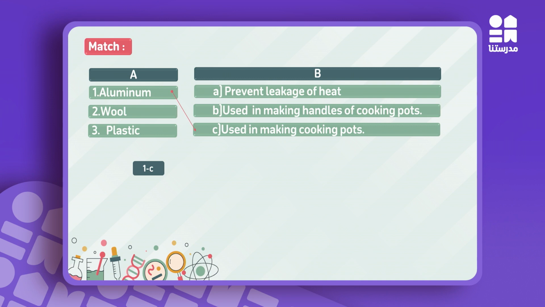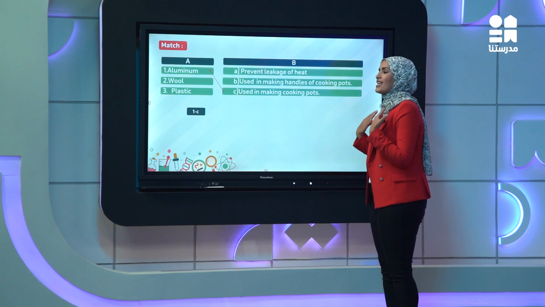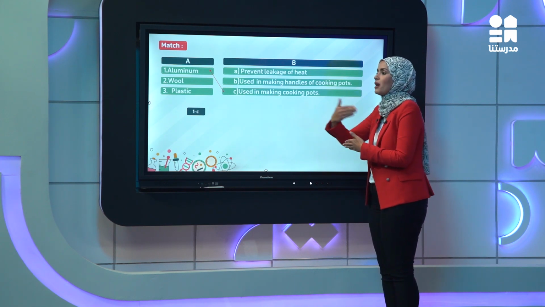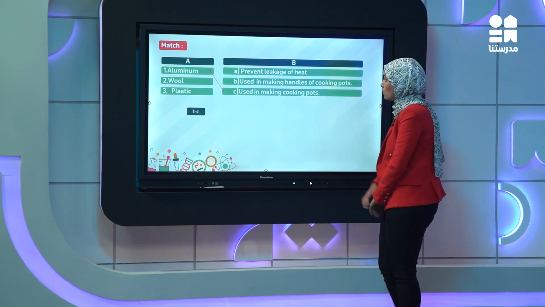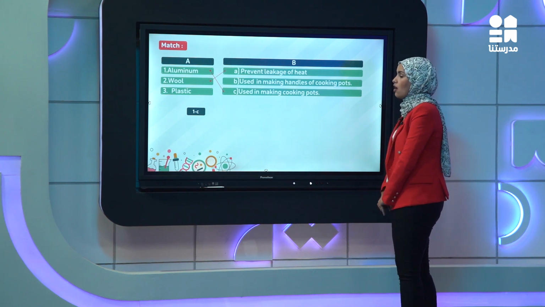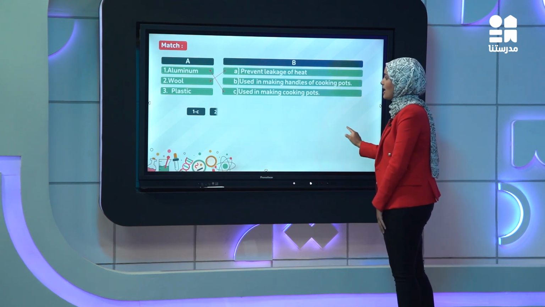No, I make the handles from something else. So what about the wool? What did we say about wool and blankets? Wool and blankets we use in winter because they prevent leakage of heat. They don't let the heat go from inside to outside; they keep the heat inside my body so it doesn't escape. Okay? So the wool prevents leakage of heat. 2 is matched with A.